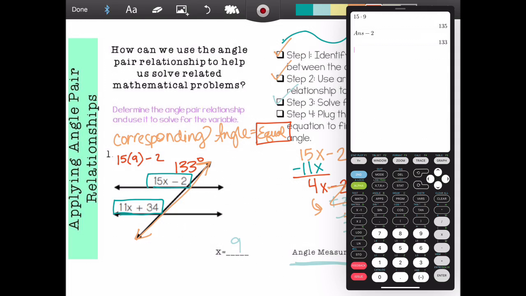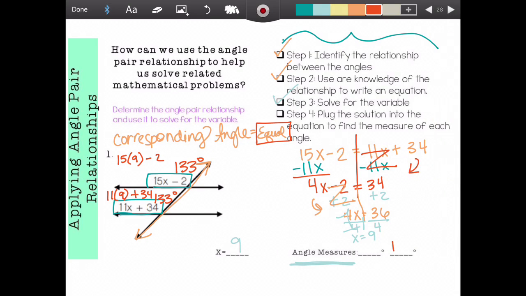So let's plug in 9 here. 11 times 9 plus 34. With your calculator, 11 times 9 plus 34. And yep, I get 133 degrees. All right, so again, my angle measures are 133 degrees.